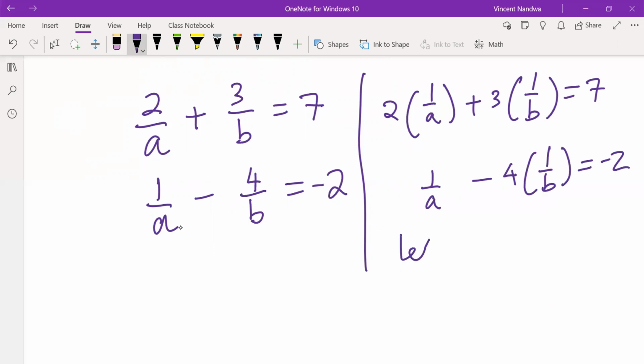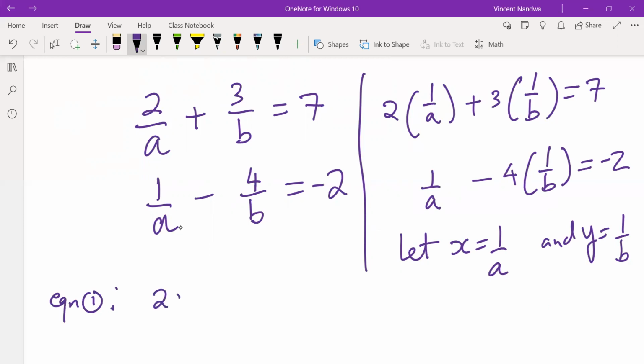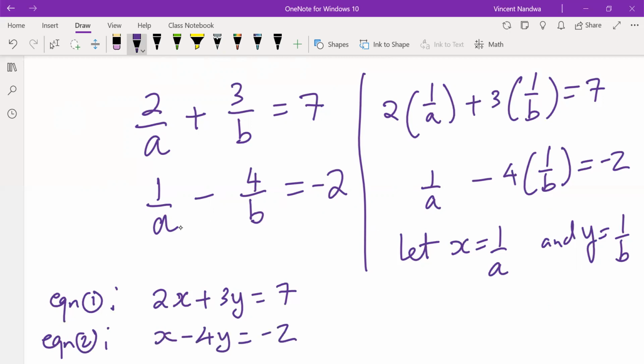So we can say let x be 1 over a and y be 1 over b. So it means equation 1 will be 2x plus 3y equals 7, and equation 2 will be x minus 4y equals minus 2.